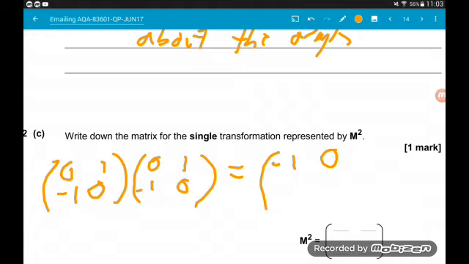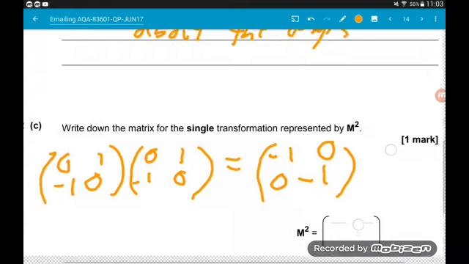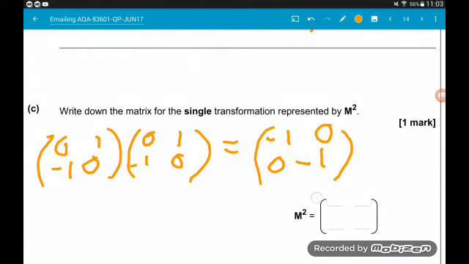Our bottom left number is going to be 0 times minus 1, add 0 times minus 1, so that's just going to be 0. And then our bottom right number is going to be 1 times minus 1, add 0 times 0. So that's just going to be minus 1 there. So that's our matrix. Let's fill it in.